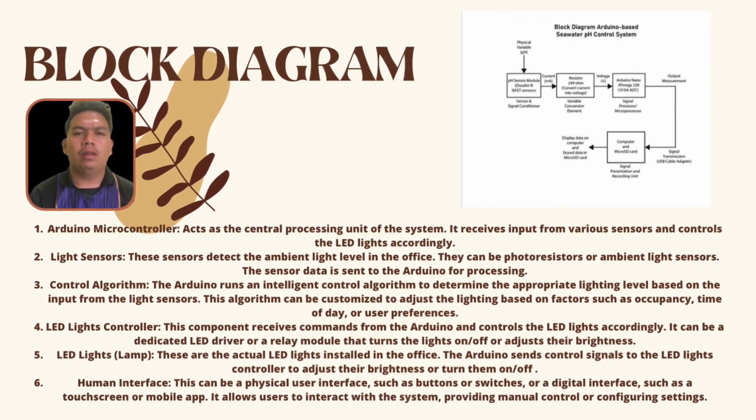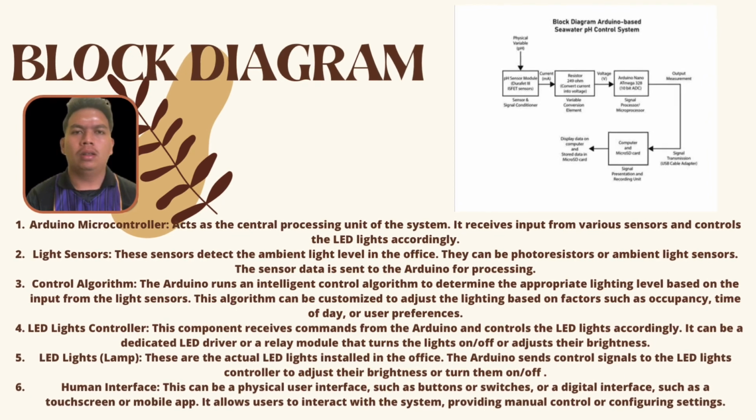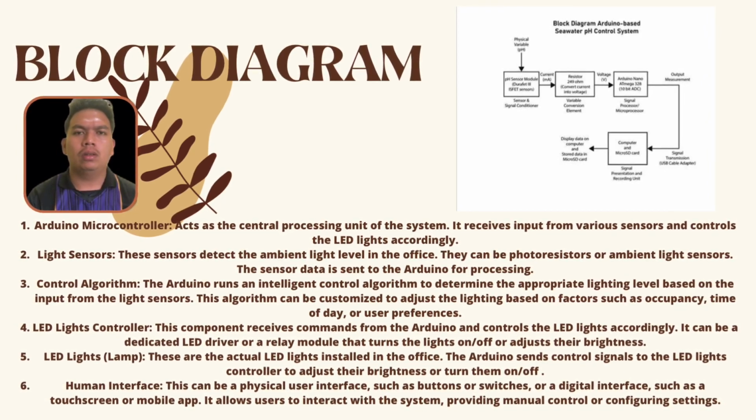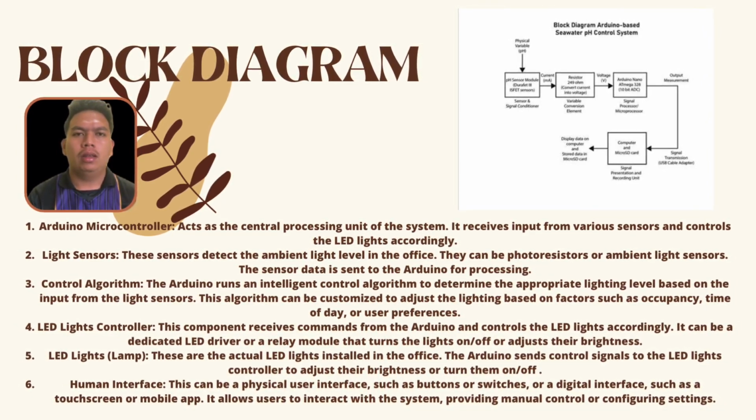Explanation of the block diagram. Number 1, Arduino microcontroller. As the central processing unit of the system, it receives input from various sensors and controls the LED light accordingly. Number 2, light sensor.